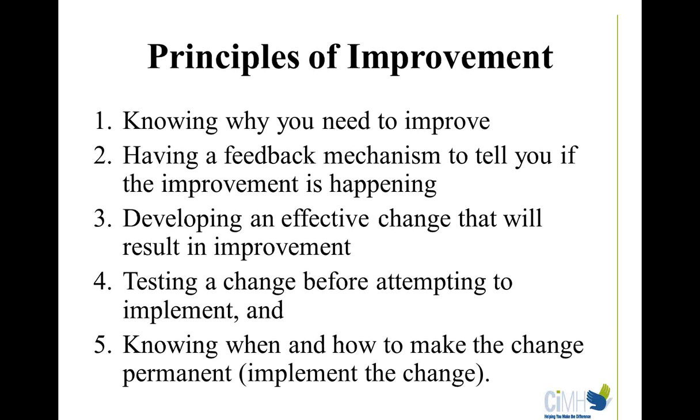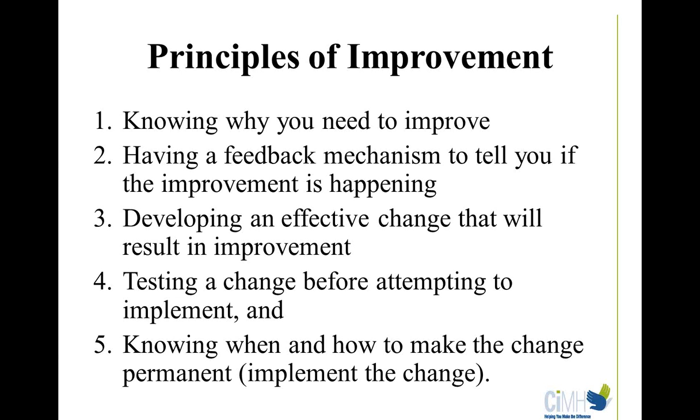The use of the model for improvement is guided by 5 core principles. It starts with knowing why you need to improve. So having clarity and consensus around why you're undertaking any kind of improvement, whether it's to a large organization or within a small and focused environment. The second is having a feedback mechanism that tells us whether or not we're achieving the improvement that we want, whether improvement is actually resulting from our changes.